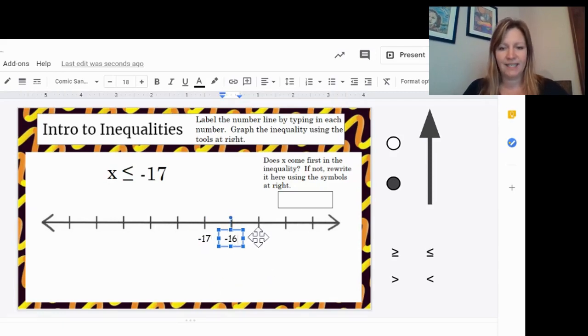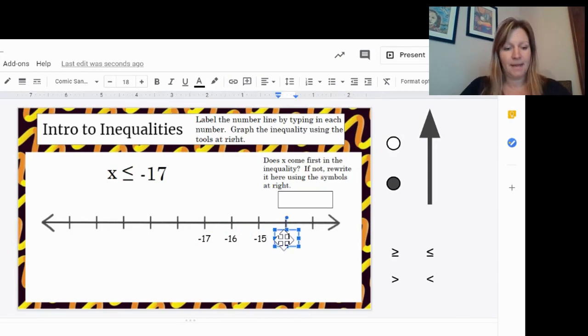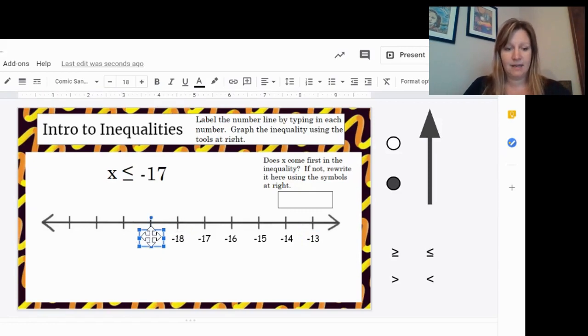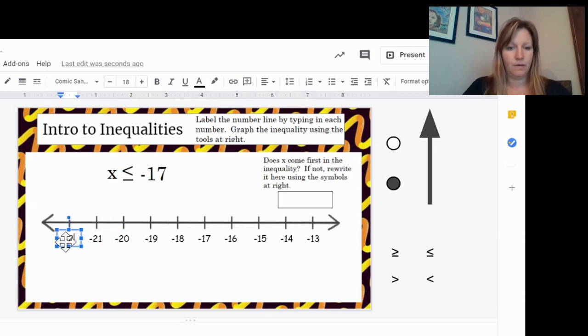So we're going to go negative 16, negative 15, these are bigger, negative 14, negative 13. Whereas numbers to the left are getting more negative. So negative 18, negative 19, negative 20, negative 21, and negative 22.